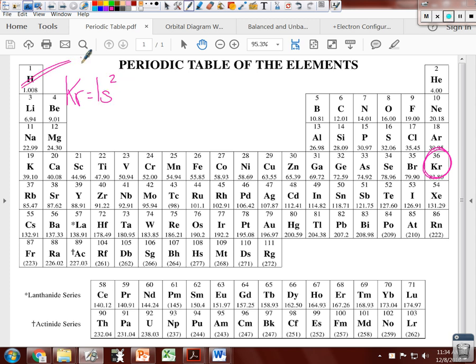That takes care of hydrogen and helium. The next one is what? 2s2. That takes care of lithium and beryllium. Then we come over here to the boron row. That's going to be 2p6. That takes care of all those guys. Coming to number 11, that's going to be 3s2. Takes care of those 2.